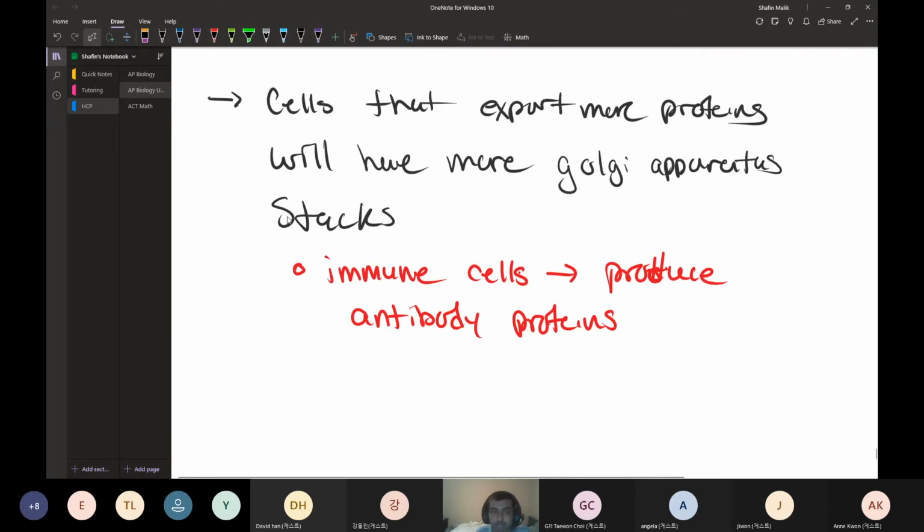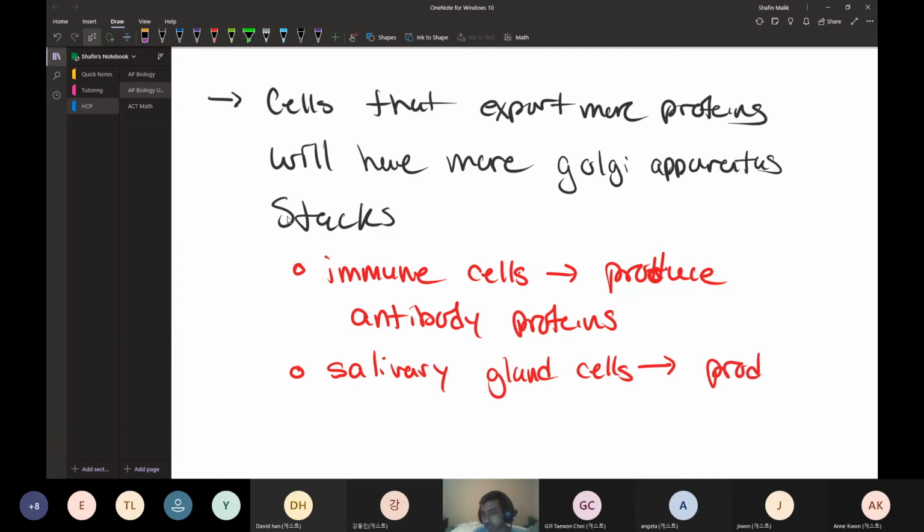And salivary gland cells produce saliva in the mouth.